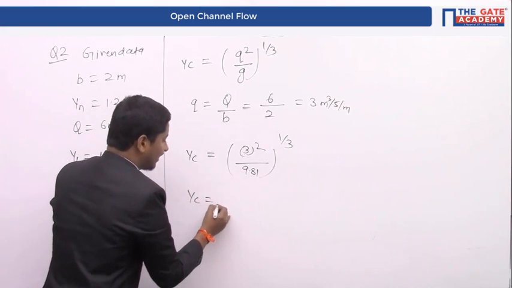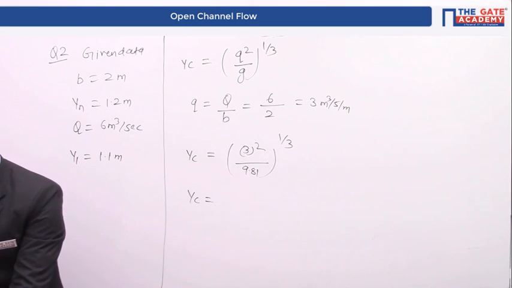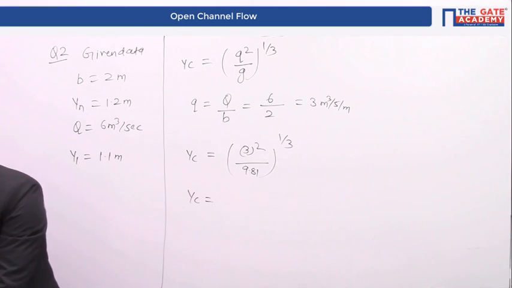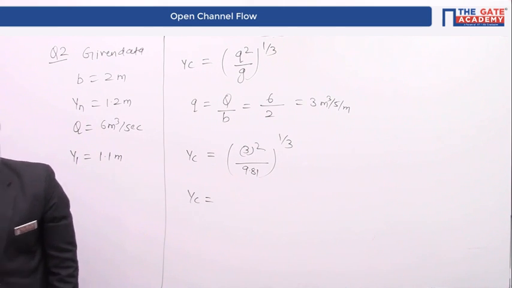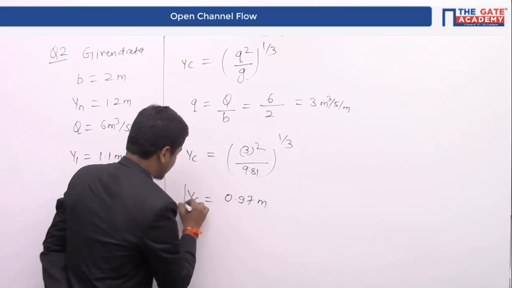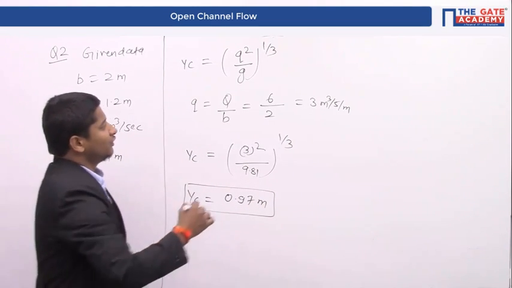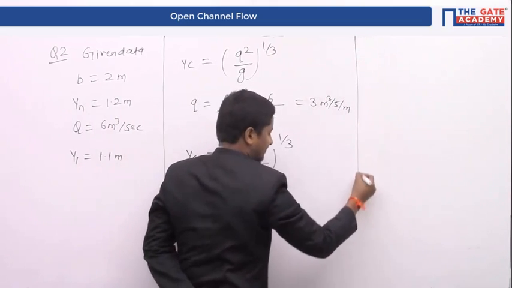So Yc is equal to (3 squared upon 9.81) to the power 1 by 3. So what is the value you will get? After calculation you will get Yc equal to 0.97 meter. Now just look at this part.